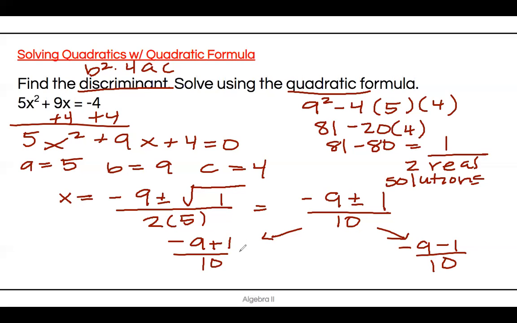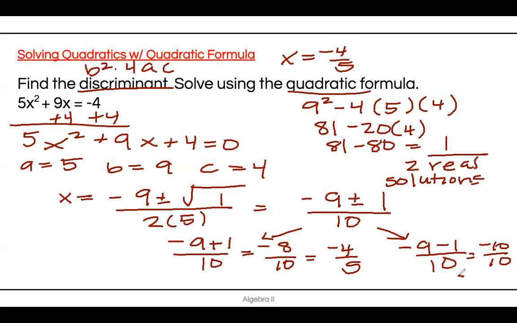So negative 9 plus 1 is negative 8 over 10, which we can reduce to negative 4 over 5. So x is equal to negative 4 over 5. And then our second one, negative 9 minus 1 is negative 10 over 10, which reduces to negative 1.